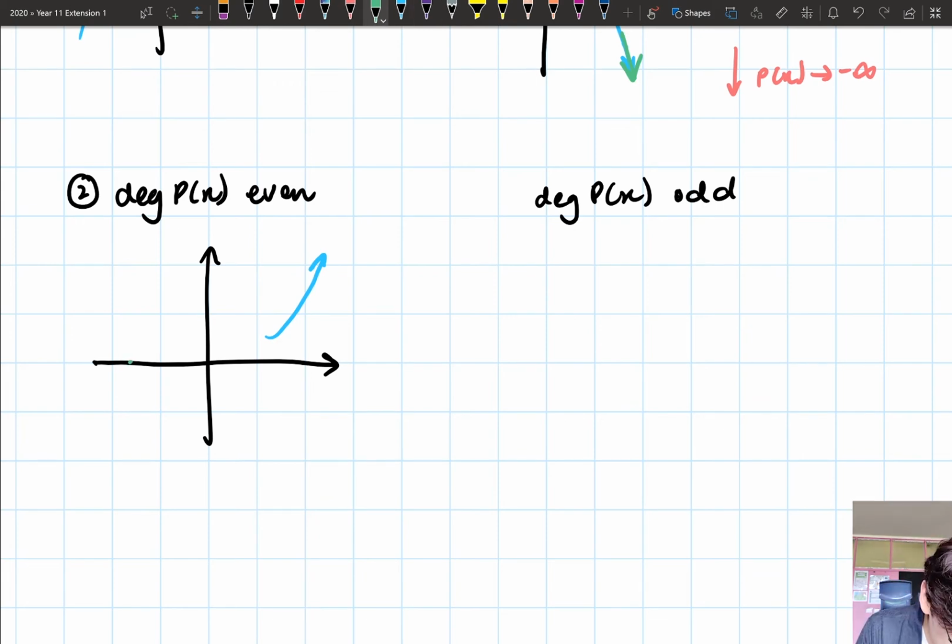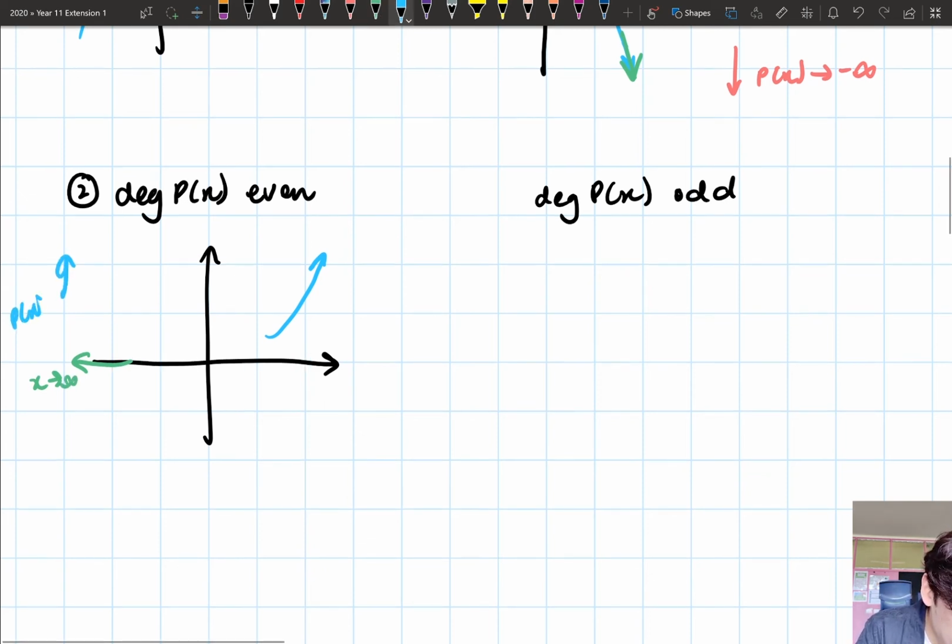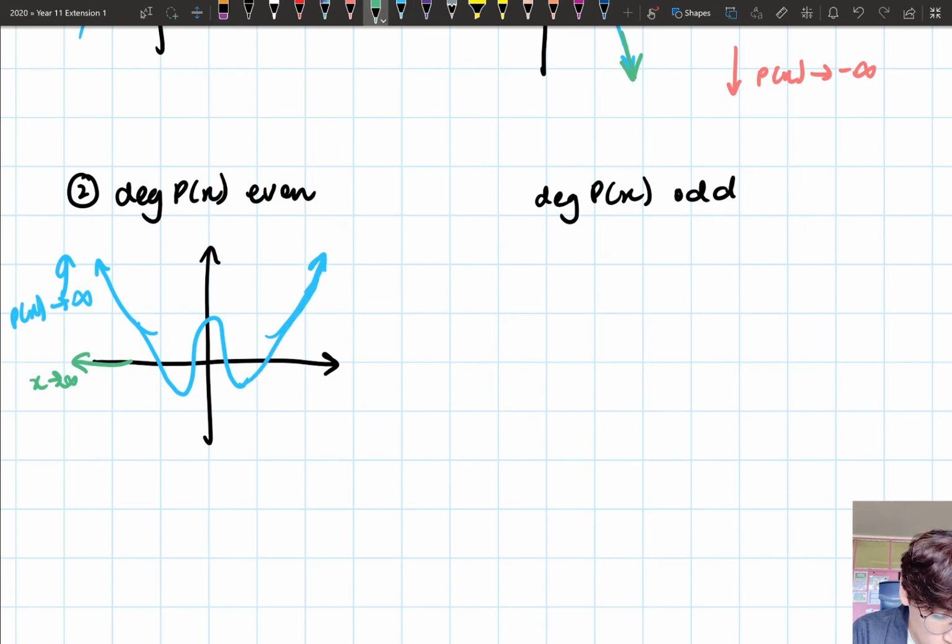So as x goes to negative infinity, for this blue one, p of x goes to infinity as well. So it matches that shape. So for example, you could have a polynomial that looks like this. And here we notice that both the sides match up. So this is if it's even.